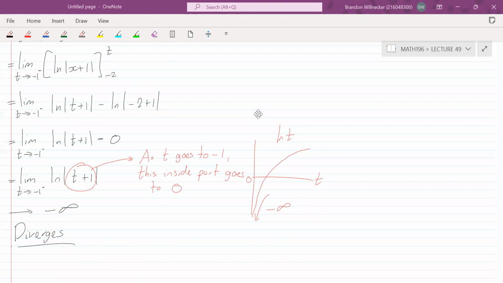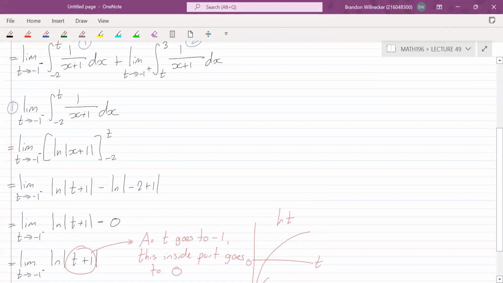I've got a question here. Which part was affected by the absolute value between 2 and 1? Because I thought it was going to be 3. So you're just taking the absolute value here. So remember, the integral of 1 over x plus 1 is equal to the natural log absolute value of x plus 1.